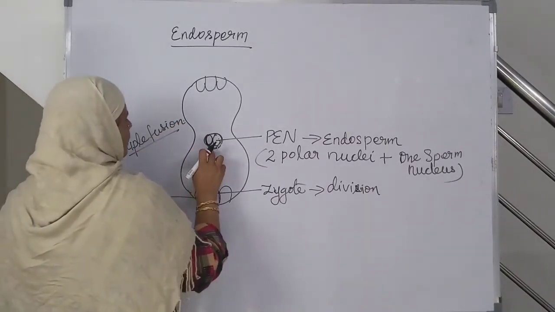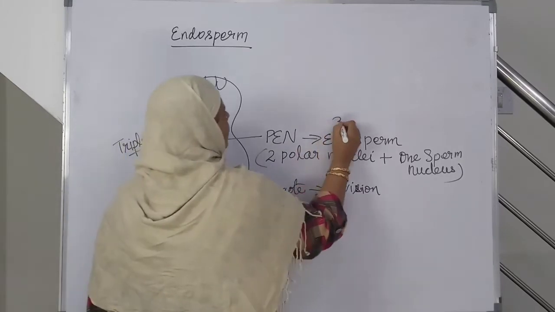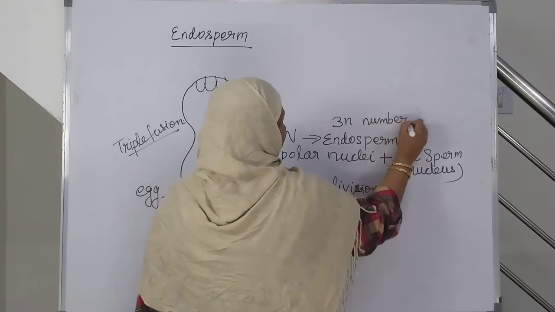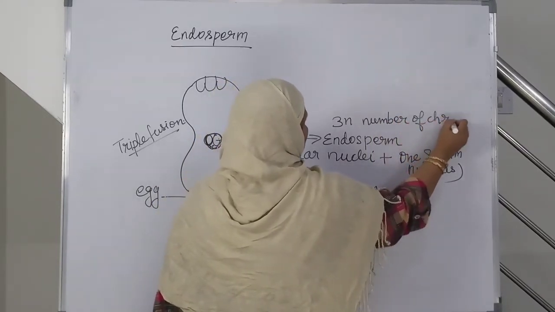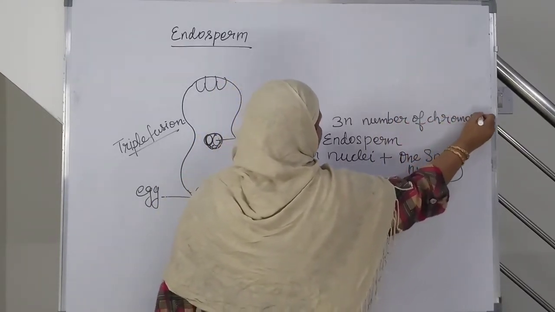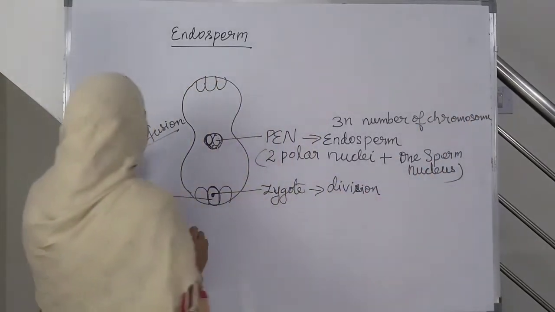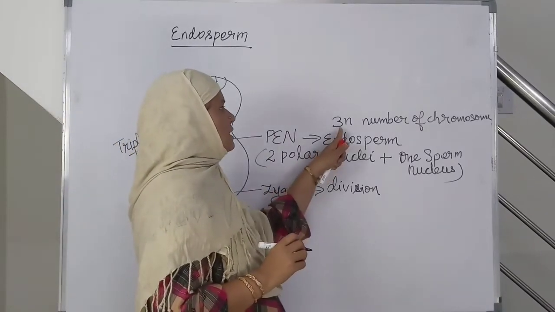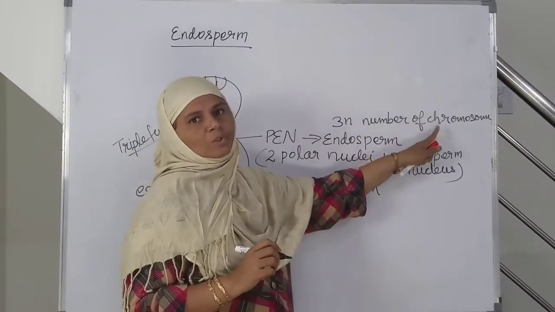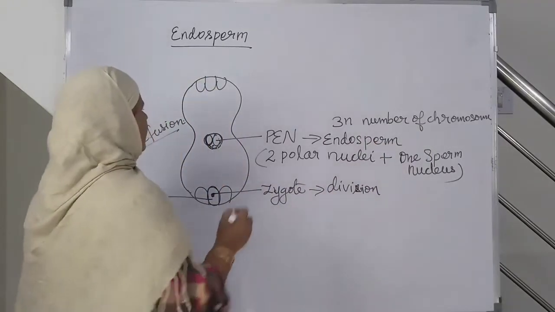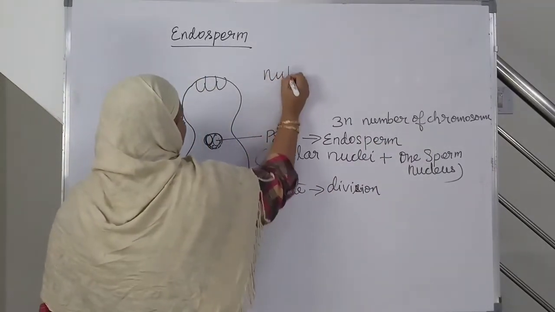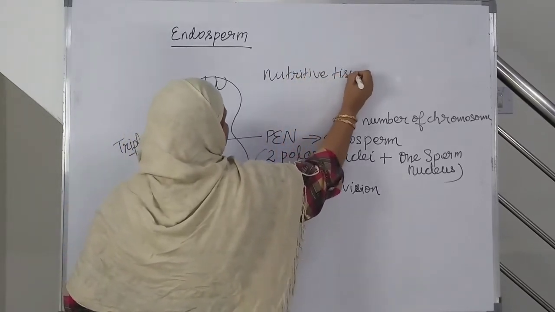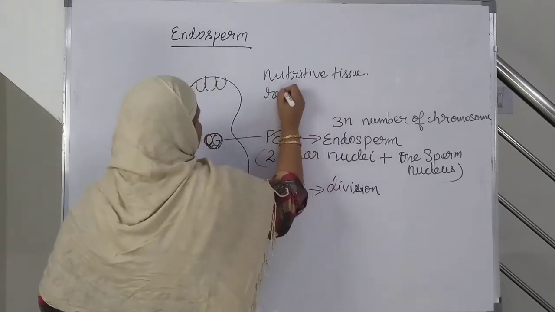So, the endosperm consists of 3n number of chromosomes. Because of the result of triple fusion, the endosperm consists of 3n number of chromosomes and it is a nutritive tissue and regulatory structure.